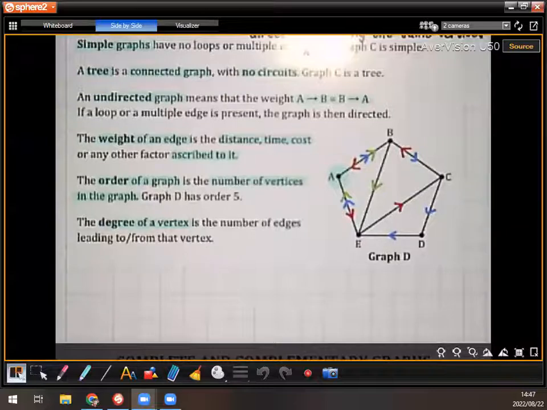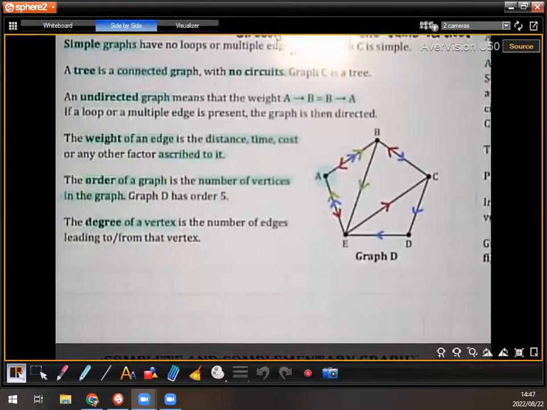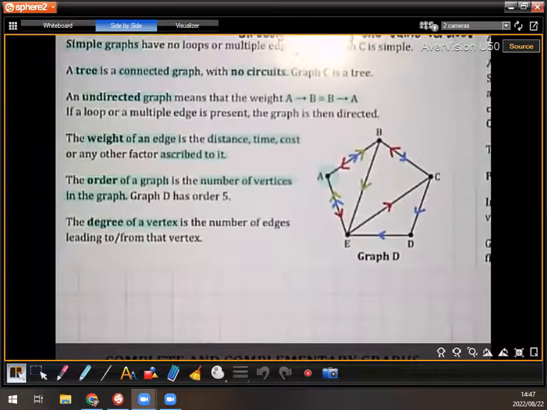So I would like you just to copy this graph again. And we are just going to write the degree of each vertex just next to it. Okay, so you just draw that graph with me. It doesn't have to look exactly like that. Check that you have your A, B, C and the edges between them, at least. But if it looks a bit wonky, that's fine.